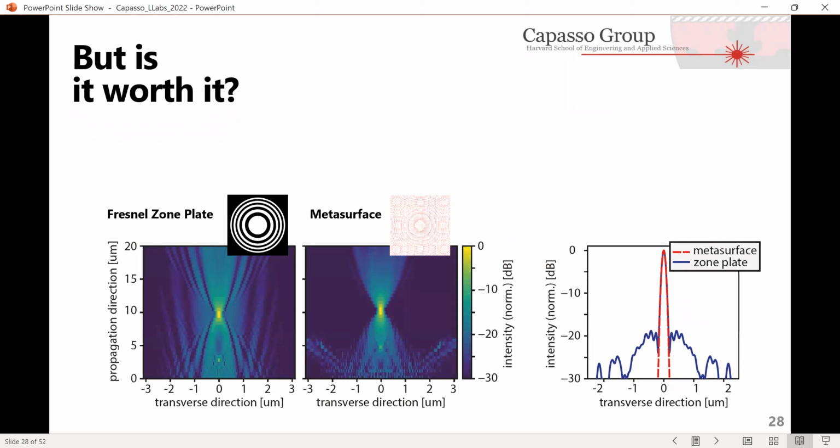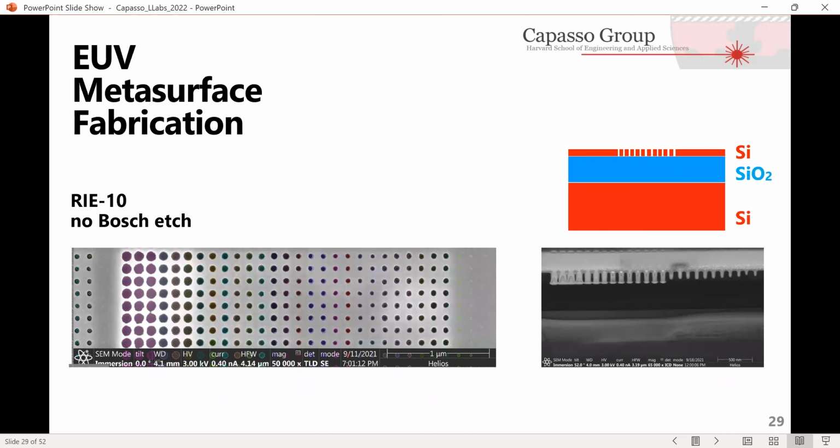So now you can ask yourself, is it worth it to go through all this effort? For example, in this area, people use the Fresnel zone plates. Well, this is a simulation comparing a Fresnel zone plate with a metalens in this frequency region, and you can see that the focusing profile is actually much cleaner, as expected.